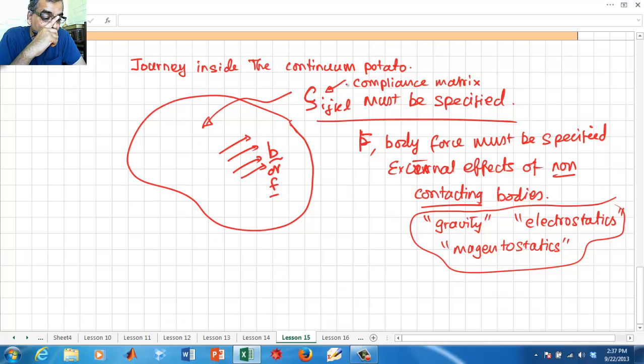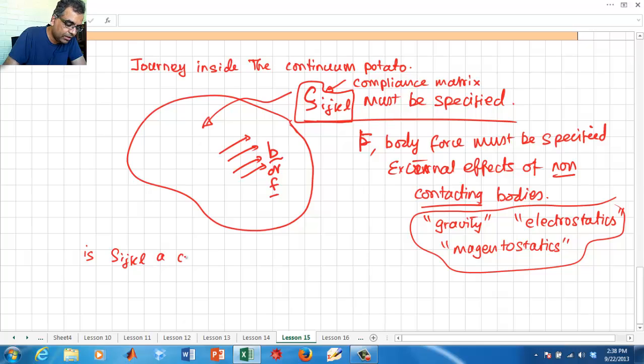So those two things must be specified, and things depend upon whether this Sijkl, that is a stiffness matrix, is a continuous function of X or not. Is Sijkl a continuous function or not?